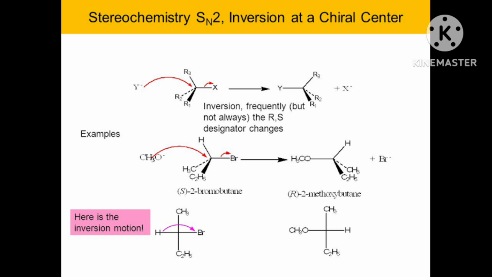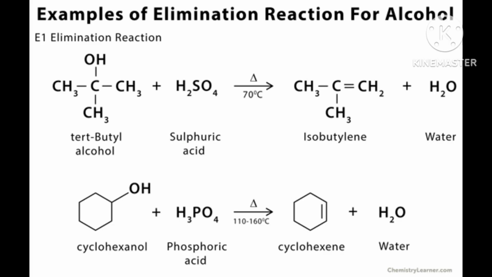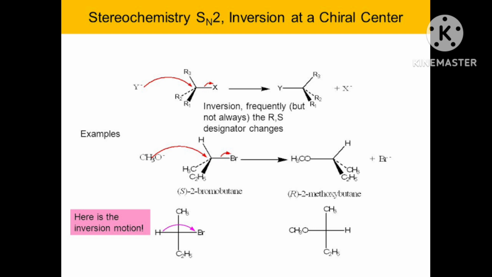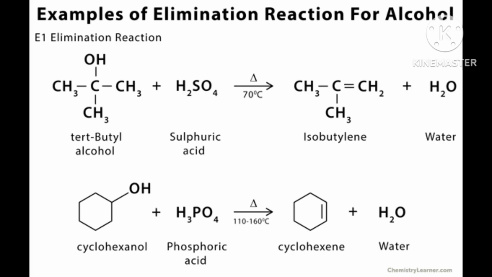Both are butane-2-ol, left side also butane-2-ol, right side also butane-2-ol, but that molecule rotated light to the left. Now this time this butane-2-ol rotated the light towards the right, plus. Then both angles are equal.